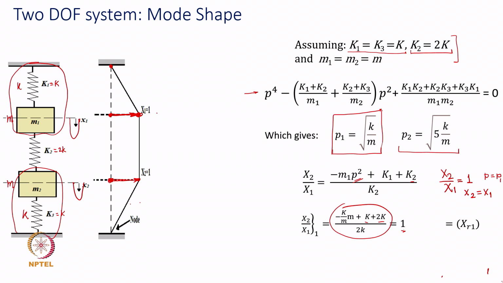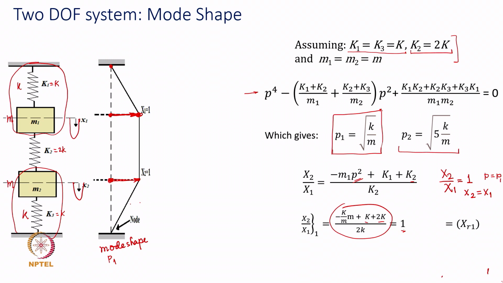This is plus 1 and this is also plus 1, and that gives me the relative displacement of the two masses m1 and m2 when the masses are moving at the fundamental or first natural frequency p1. So, this is the mode shape, corresponding to the first natural frequency.